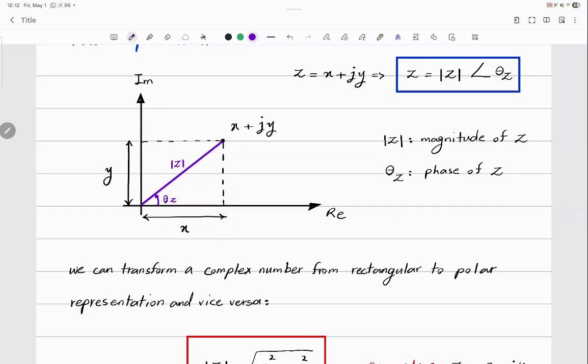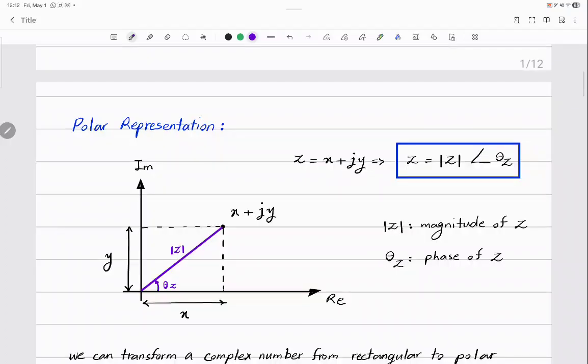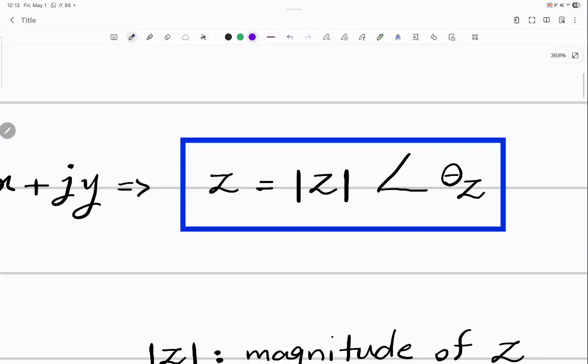Why do I call it magnitude? Because it's a distance. Can it be negative? No. A positive real number, okay? And theta is just the angle. So this is another way of uniquely determining one point on the 2D plane. This is how we show that.